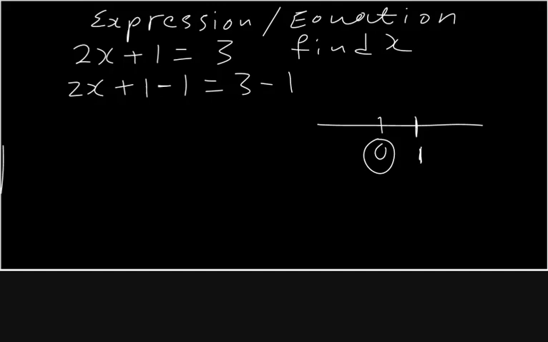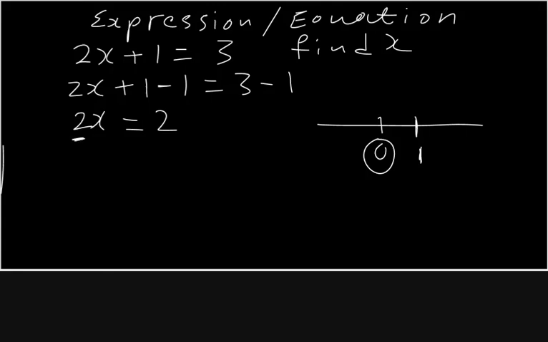So from here, what I have now is 2x plus 1 minus 1 is 0. Should be equal to, now 3 minus 1 is equal to 2. See how the equation has resolved. It has resulted to 2x is equal to 2. Then we continue. The next thing, you now have the coefficient of x as 2.